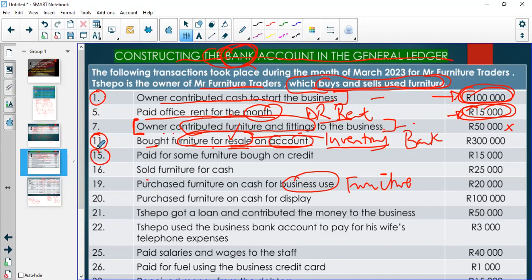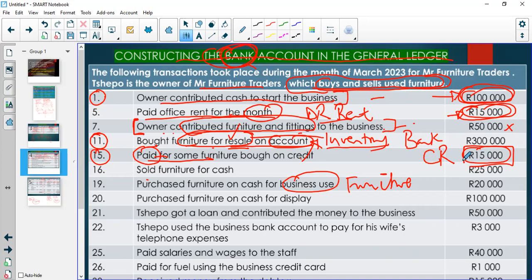But on the 15th, we paid for some furniture. We paid for some of that furniture which we bought on credit. So we paid 15,000. And every payment is going to be on the credit side. Because bank is an asset, it increases on the debit and decreases on the credit. So if we pay, it means the bank account has decreased by 15,000, and the decrease is on the credit side.